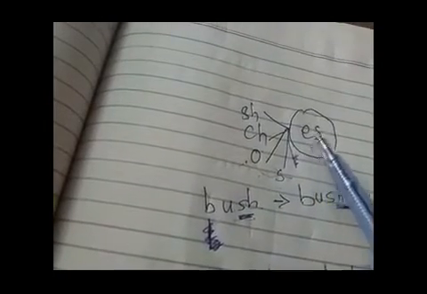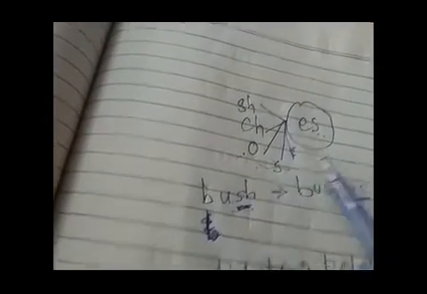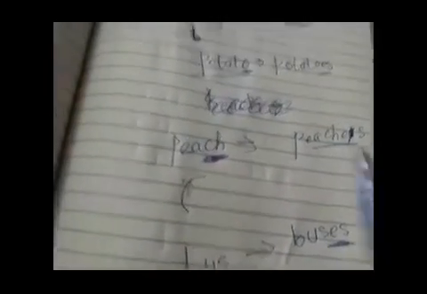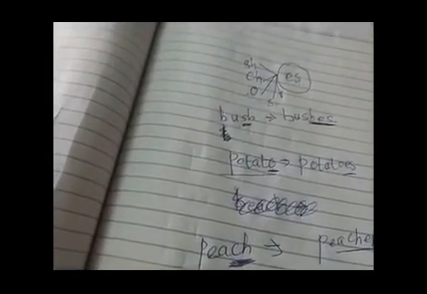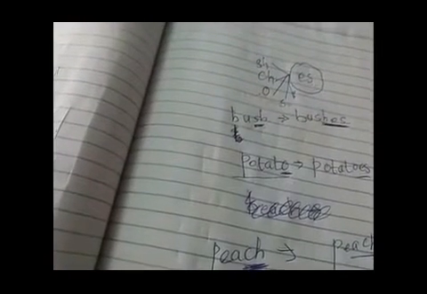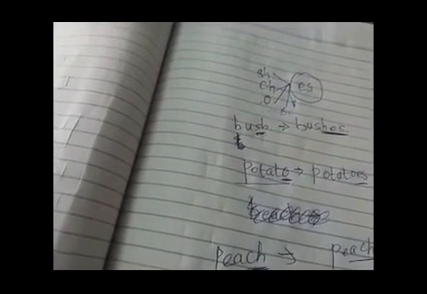I have given you one example from each, so you should be clear about this. Well, there are more rules for the plural as well, but it's going to be complicated for you then.